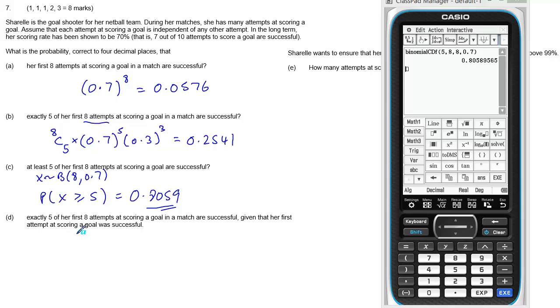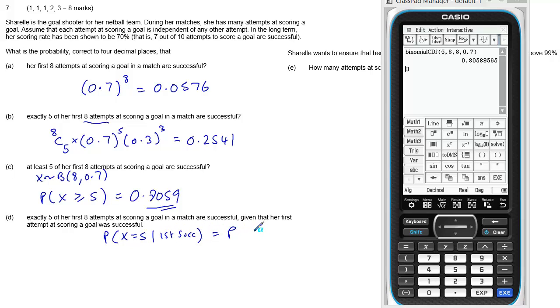Exactly 5 of her first 8 attempts at scoring a goal in a match are successful, given that her first attempt was successful. So what we have here is the probability that x is equal to 5 given that the first was a success.